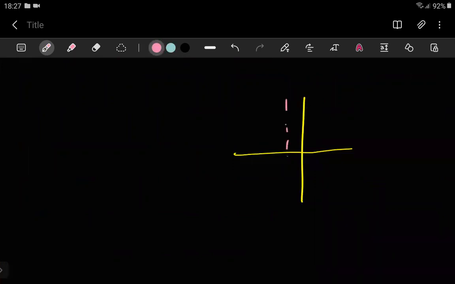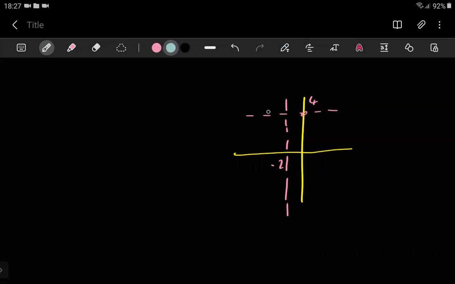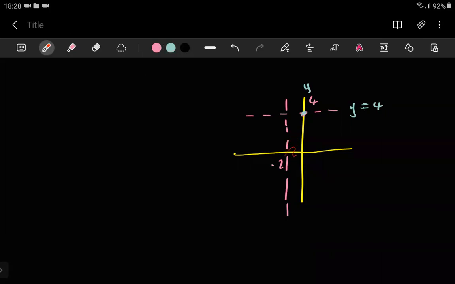Let me put it this way: if you had a Cartesian plane and an asymptote here where this was 4, the equation of the one up here is just y is equal to 4, because it's a horizontal line that cuts the y-axis at 4. For the other one, where this was -2, its equation is just x is equal to -2, because it's a vertical line that cuts the x-axis at -2.